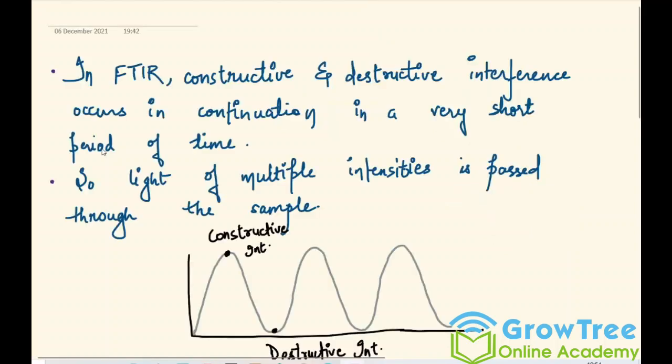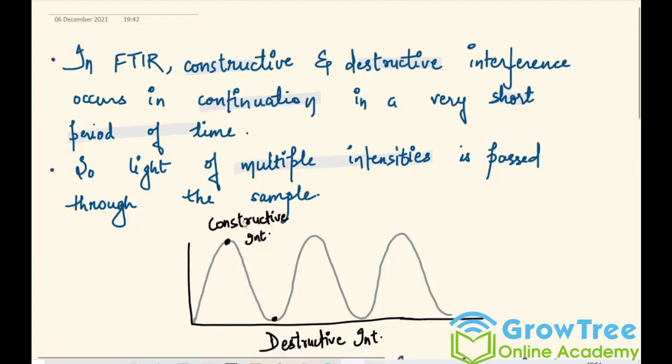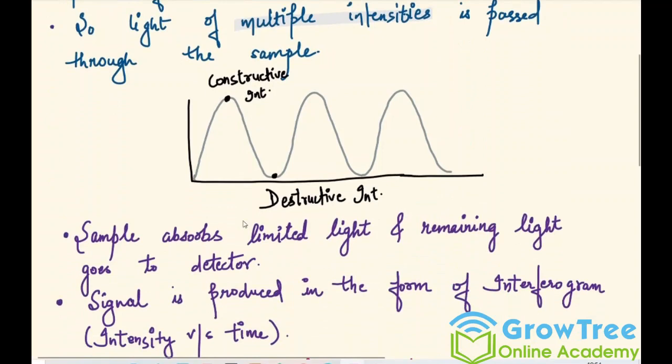In FTIR, the constructive and destructive interferences occur continuously in a very short period of time. As a result, we get light of multiple intensities, and this light is passed through the sample. The resultant graph will be something like this.